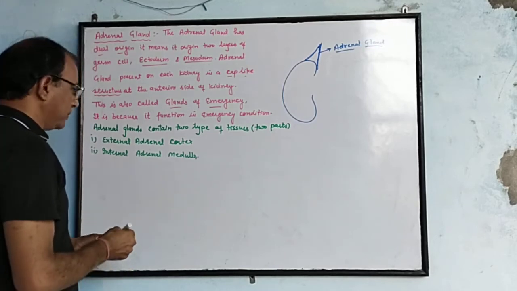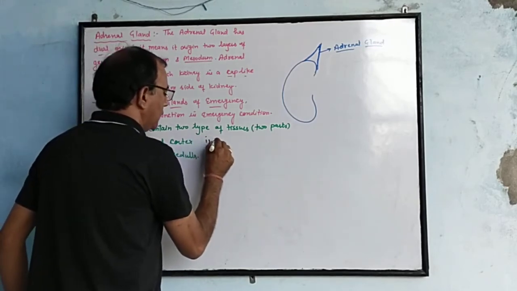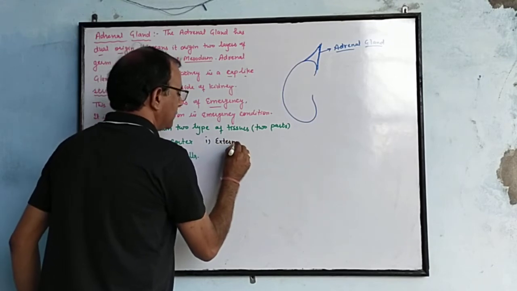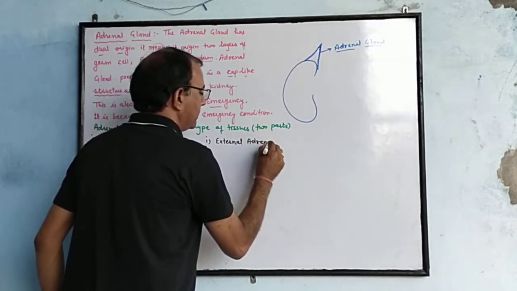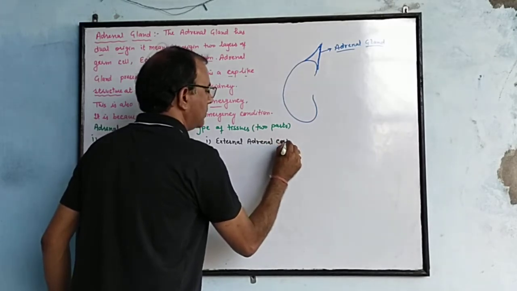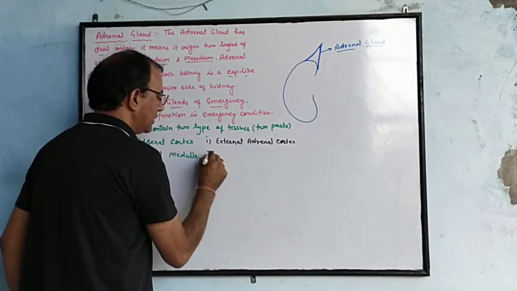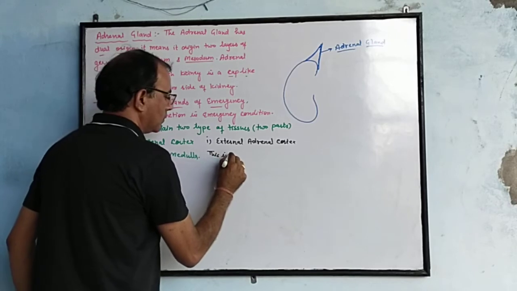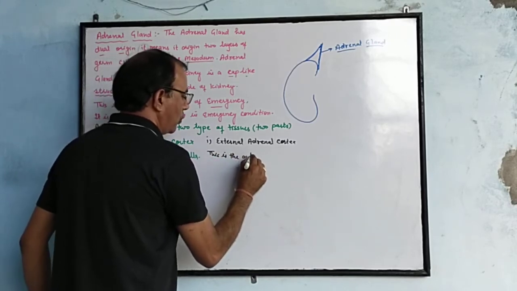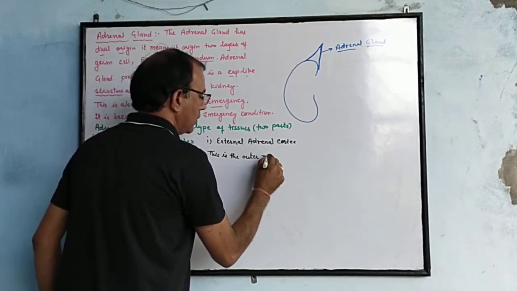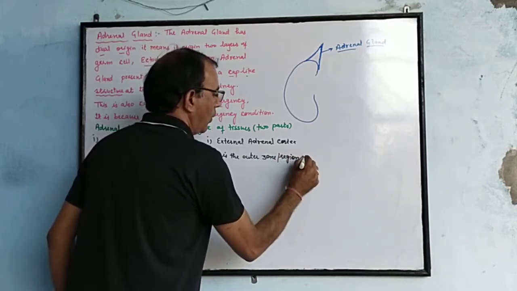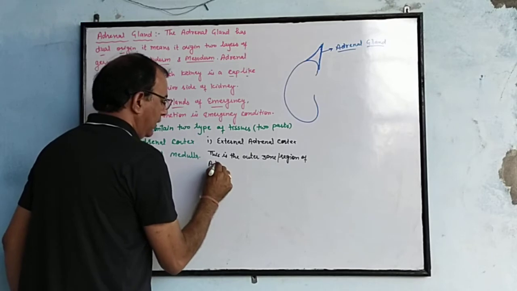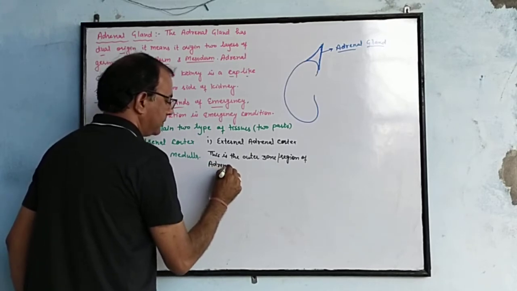We will discuss the first one, the external adrenal cortex. This is the outer zone or outer region of the adrenal gland.